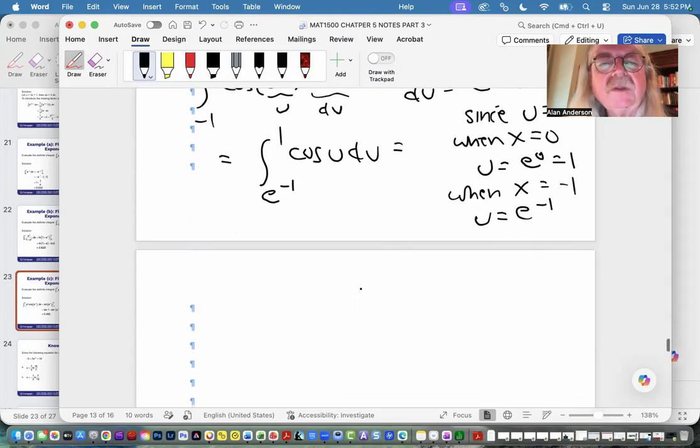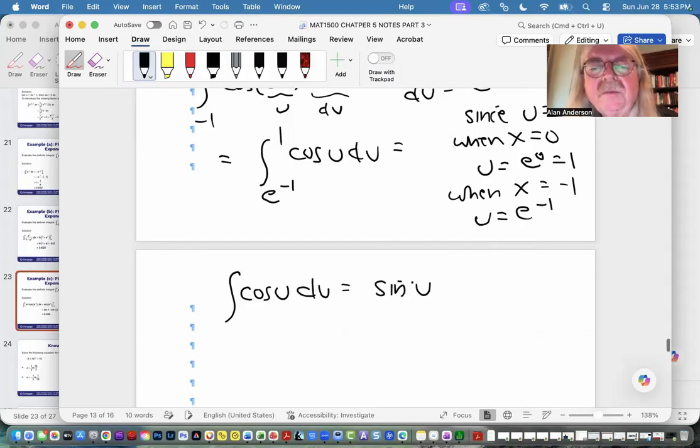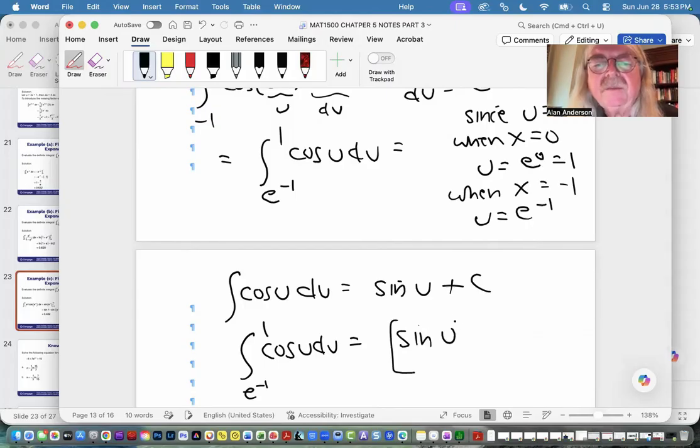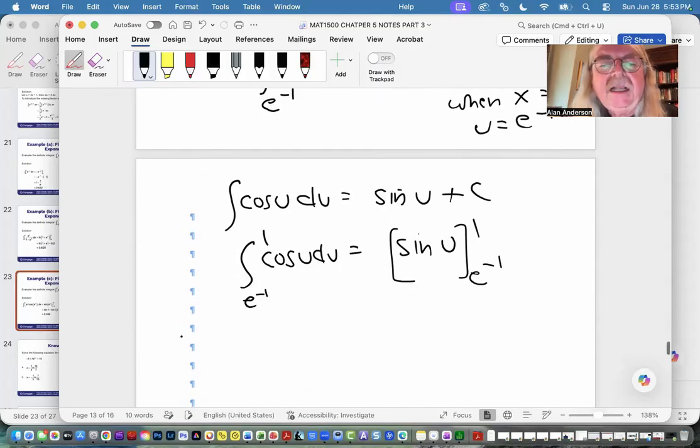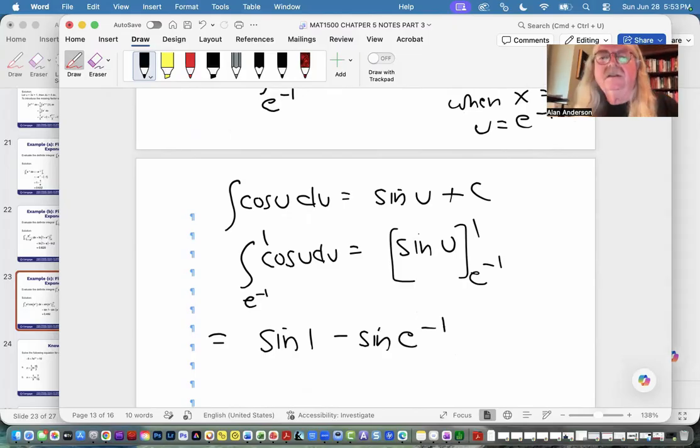Okay, so let's do that. Now, if this was an indefinite integral, we would have wound up with sine u plus c, but instead, we'll end up with the sine of u evaluated between 1 and e to the -1, and we'll get, and they're both constants, so we're done.